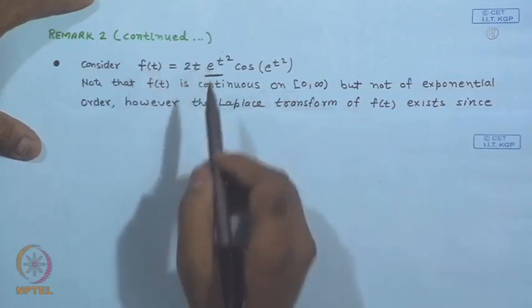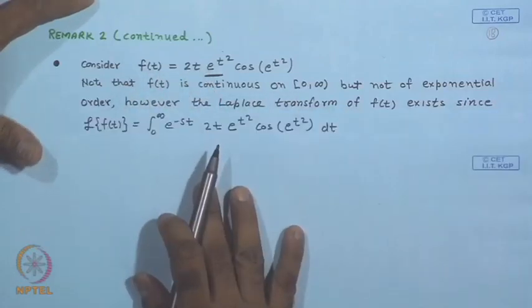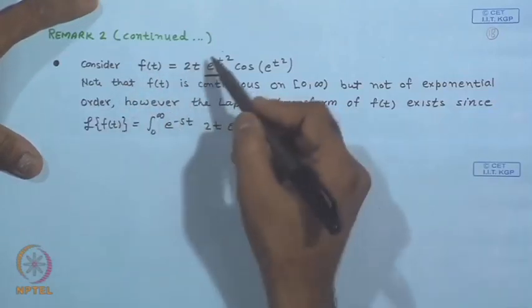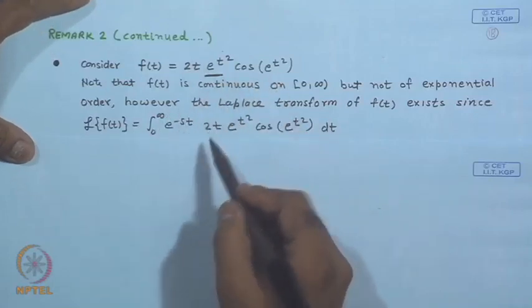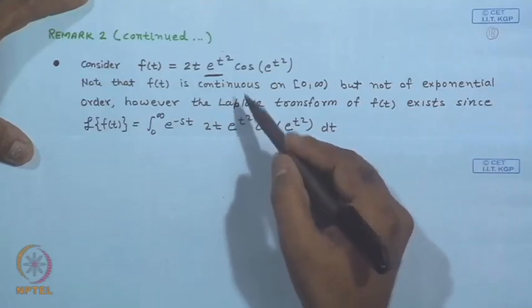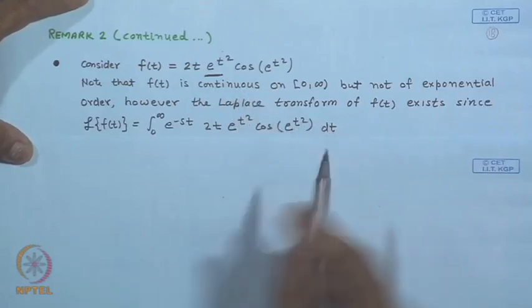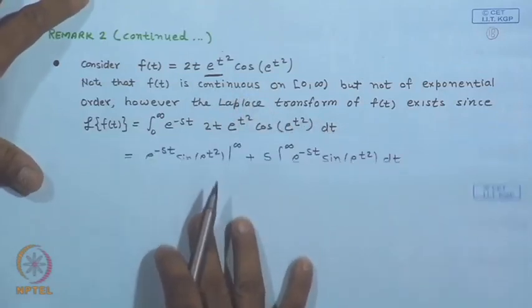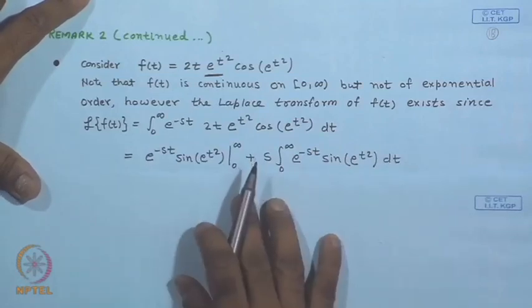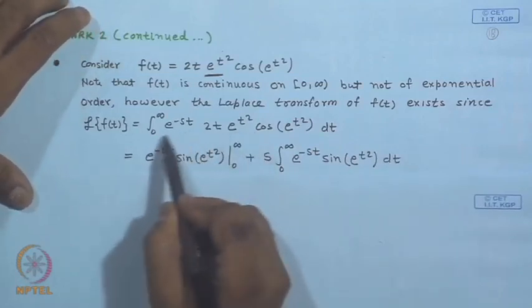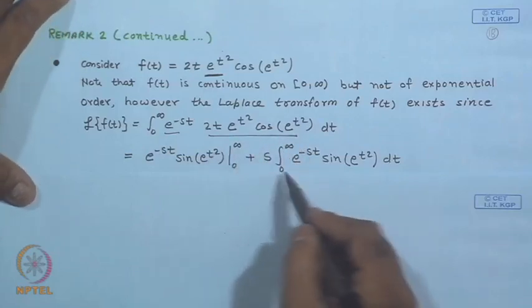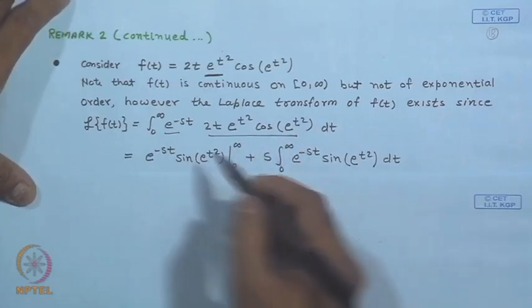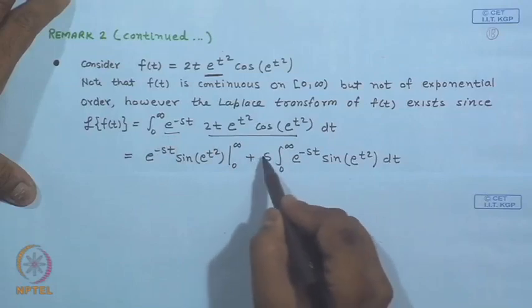However, the Laplace transform of this function exists, because by the definition we have the integral from 0 to infinity of e power minus s t times 2t e power t square cos e power t square dt, and then we integrate by parts. So, we have e power minus s t and the integral of this, sin e power t square, and then differentiation of e power minus s t will give us minus s.